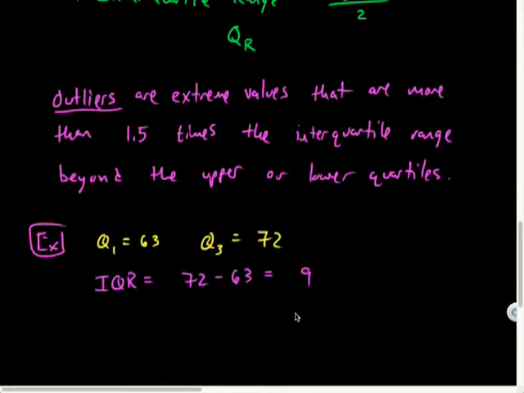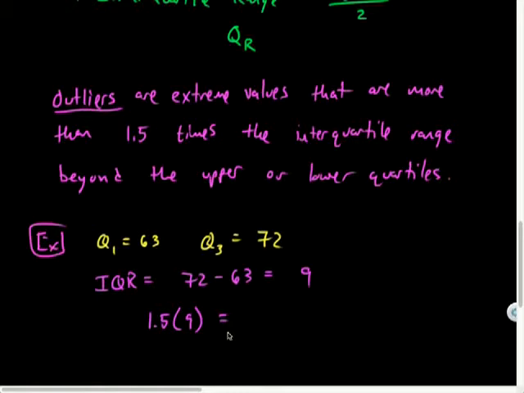And how do I know whether or not I have outliers? Where would my outliers have to be? Well, they'd have to be 1.5 times this value. So 1.5 times 9 is 3 halves times 9, so 27 halves.